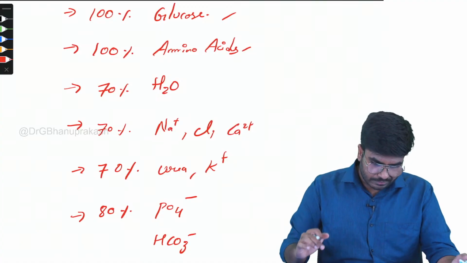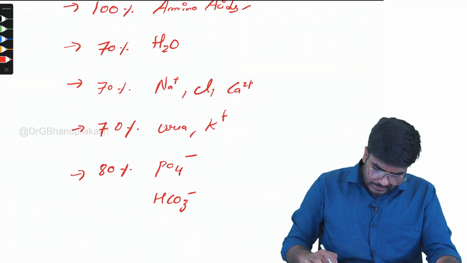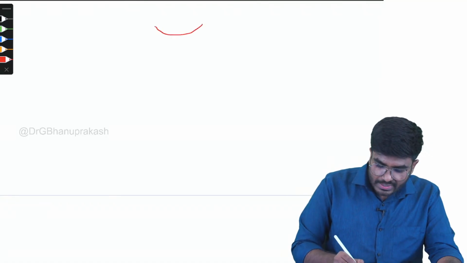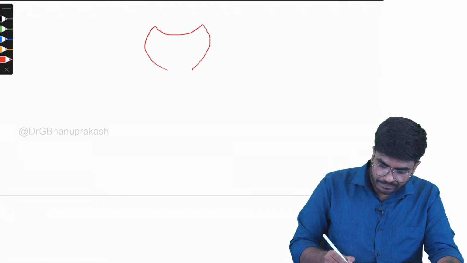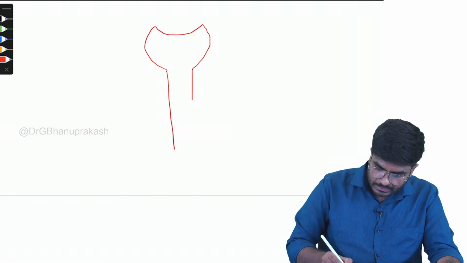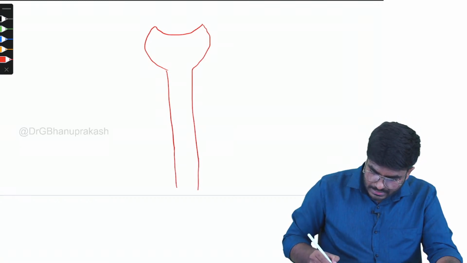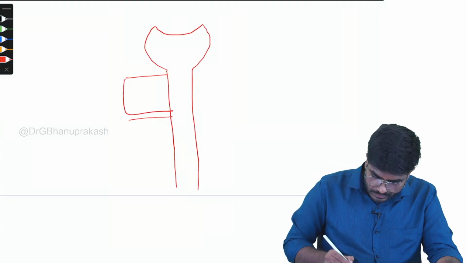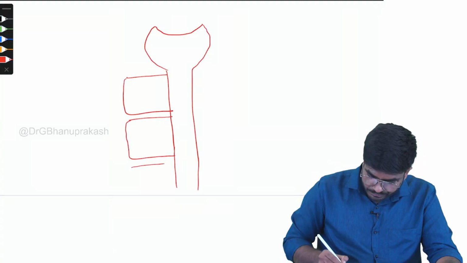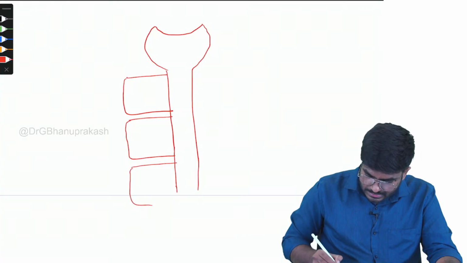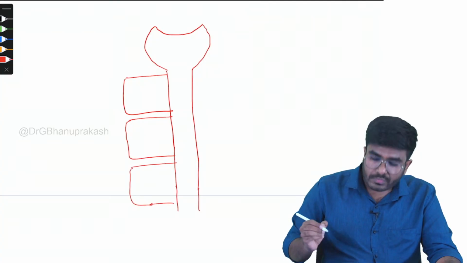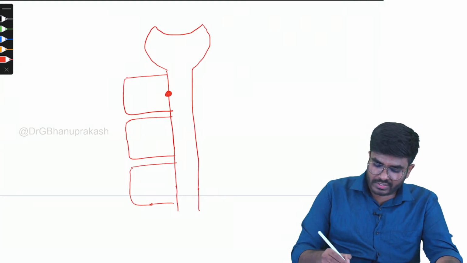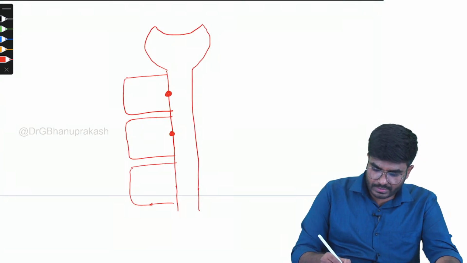Now, the important concept which you need to know is why 70% water reabsorption is happening in the PCT. See here guys, I am showing you. This is the PCT. These are the PCT epithelial cells. This is a transporter which is present here.